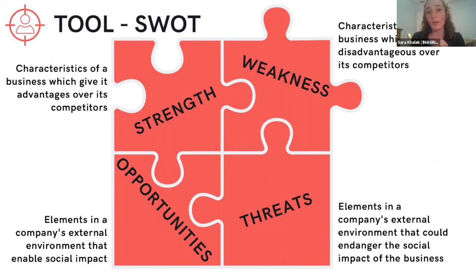That might be an example. What are needs externally that enable, in this case, social impact, and also the success of your business. And threats are elements external to your company that hinder social impact and also the success of your business.